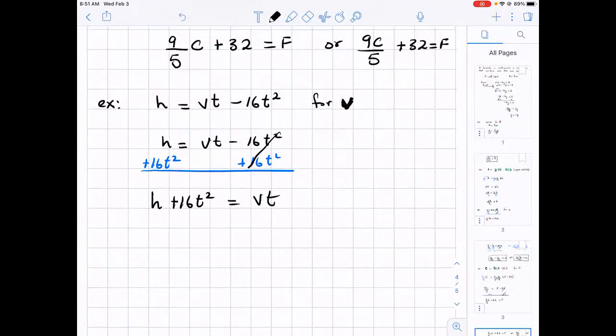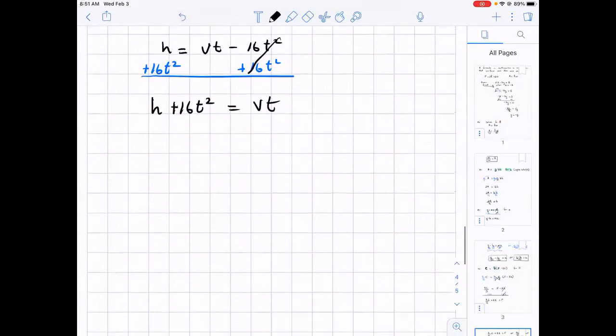So now we can move the t, okay? And if I move that t, we have h plus 16t squared is equal to vt. To move that t, what I said before, we will divide each term by t.